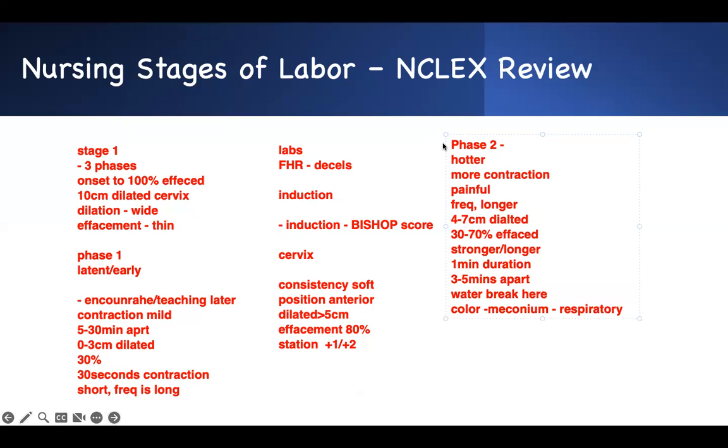You may also teach the mother about breathing, because hopefully, when you taught them from the beginning, they know the breathing technique, because they need it for the next stage of labor, where they have to start pushing. This is where you give them pain medication, so they can get an epidural or a narcotic.